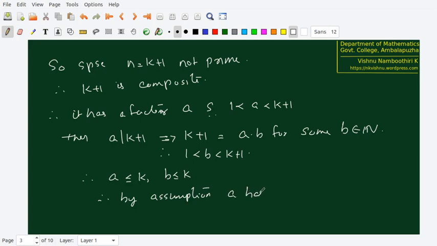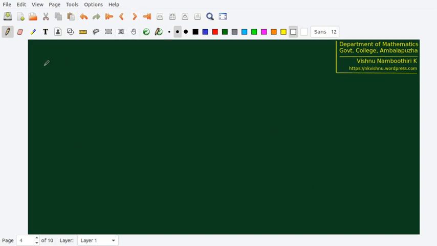So a has a prime factor, and of course, b also has a prime factor. Now, a has a prime factor. Let p be a prime factor of a.